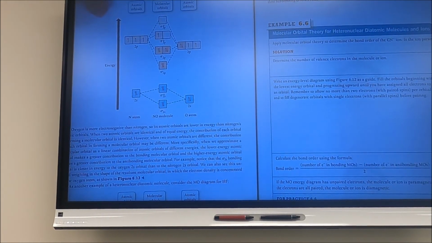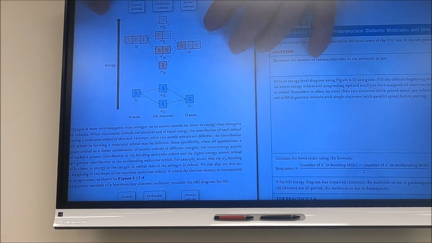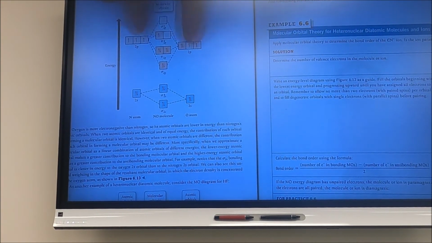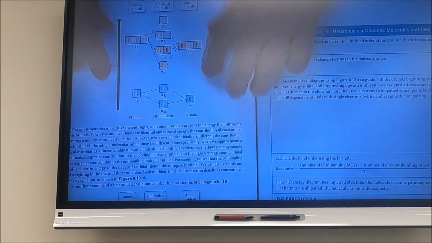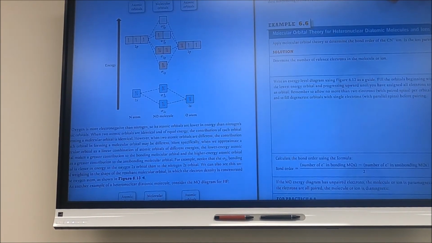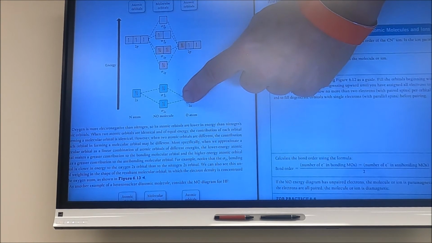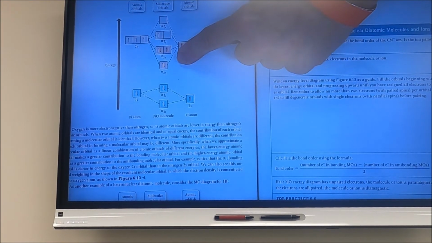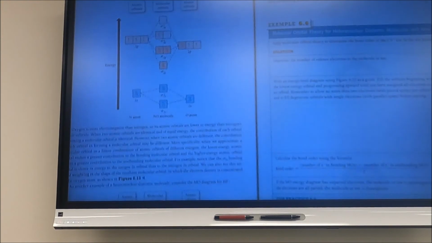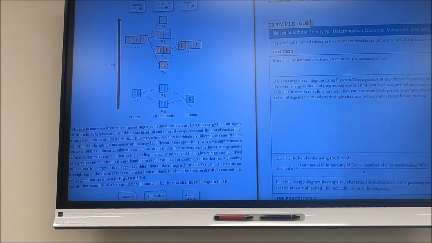No, I wouldn't expect you to be able to draw that on your own. And just like if I had 2 nitrogens or 2 oxygens, I migrate everything in from the atomic orbitals into the molecular orbitals. Okay? And you can calculate a bond order here. So there's 1, 2, 3, 4, 5, 6, 7, 8. I have 8 minus 3, so I'm going to get a bond order of 2.5.